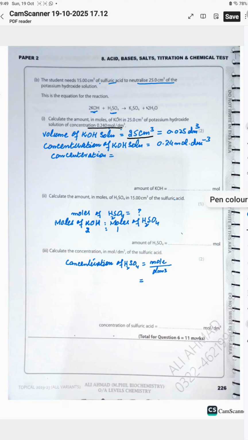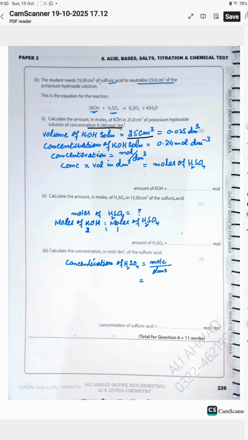Now the formula is concentration is equal to mole per dm cube. We are going to find out the moles. So moles of KOH will be concentration multiplied by volume in dm cube.